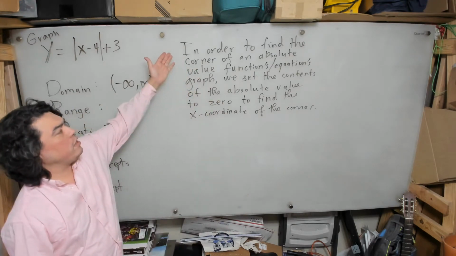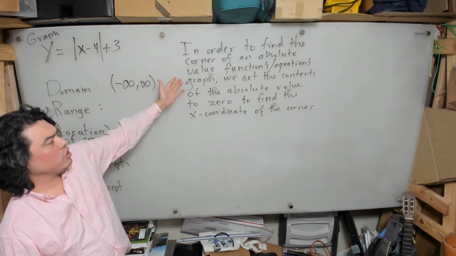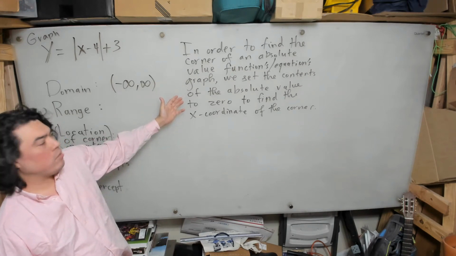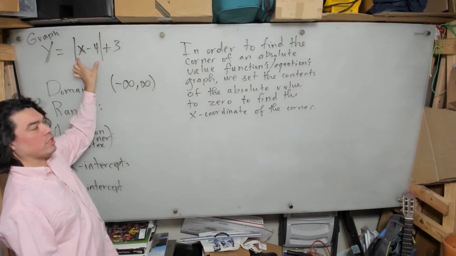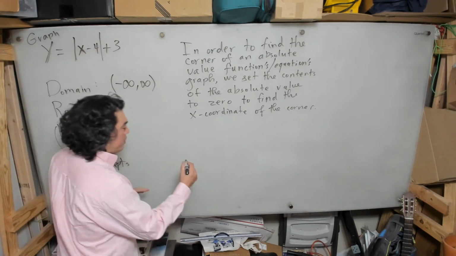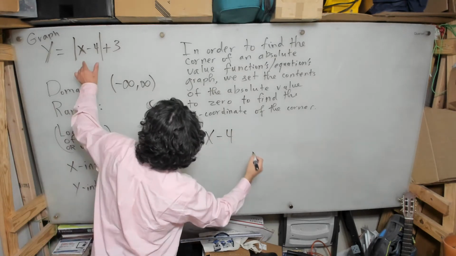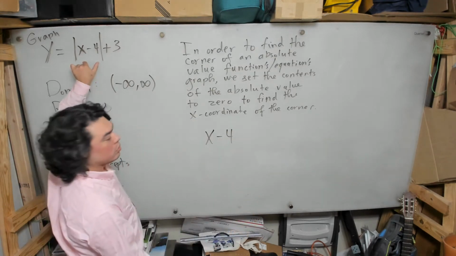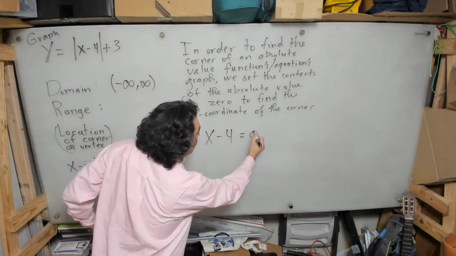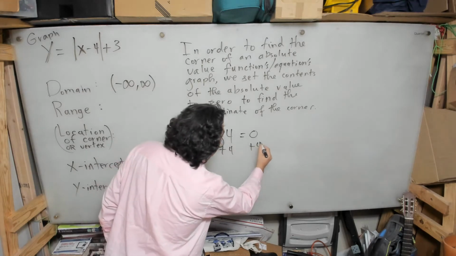In order to find the corner of an absolute value function's graph, we set the contents of the absolute value, in this case x minus 4, to 0 to find the x coordinate of the corner. So let's do that here. If I set x minus 4, which is the contents of my absolute value, equal to 0 and I solve for x, I add 4.